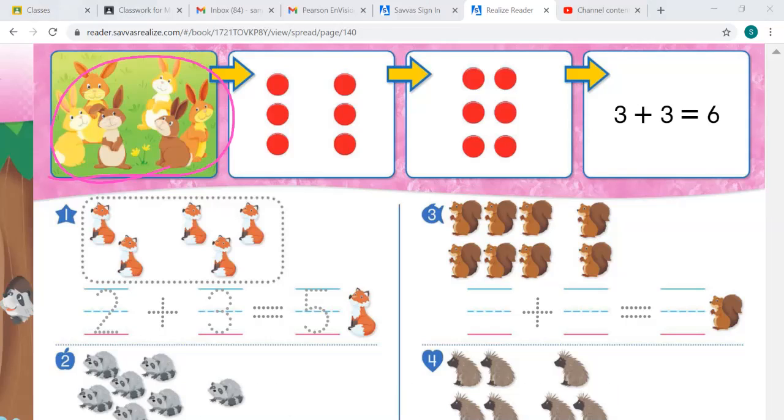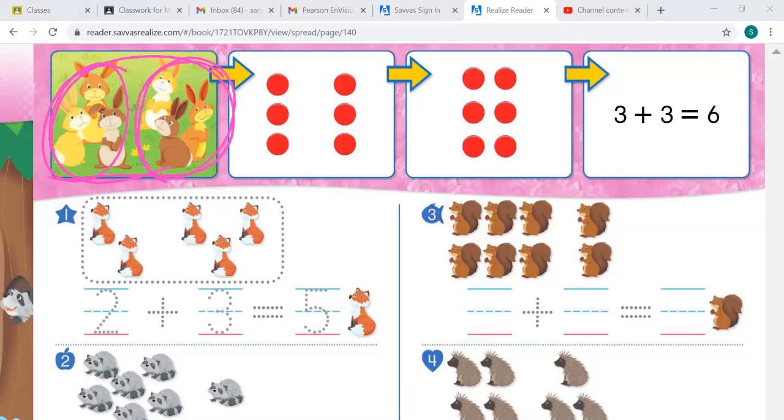So what do you see? There are 2 groups of rabbits. What joining story can you make up about these rabbits? Well, we can say there are 3 rabbits right here, and 3 more rabbits hop over to them.